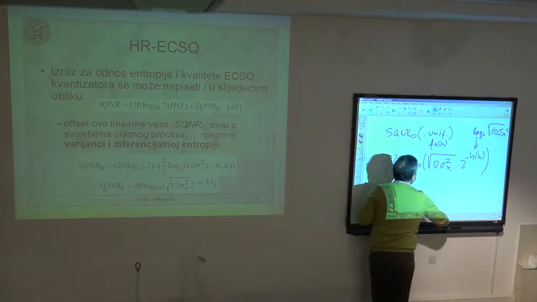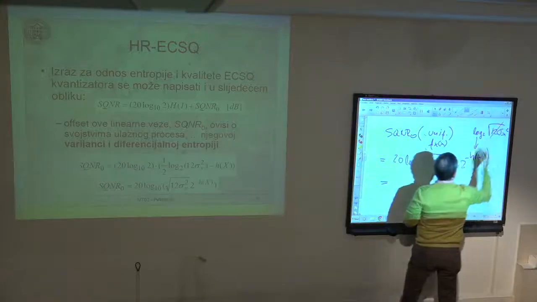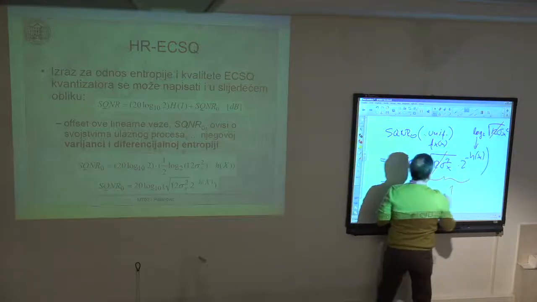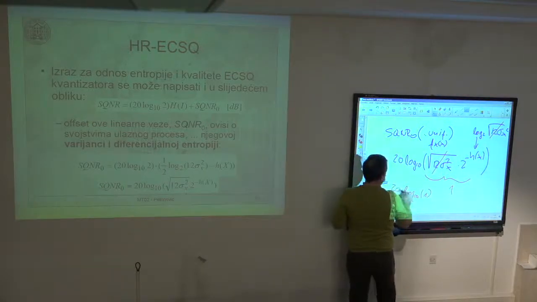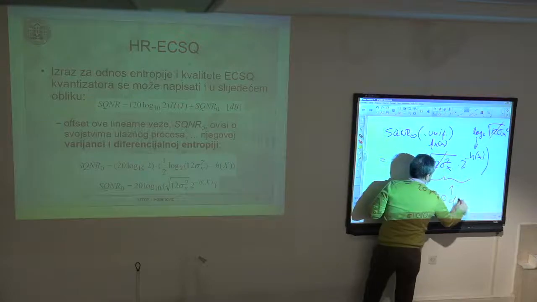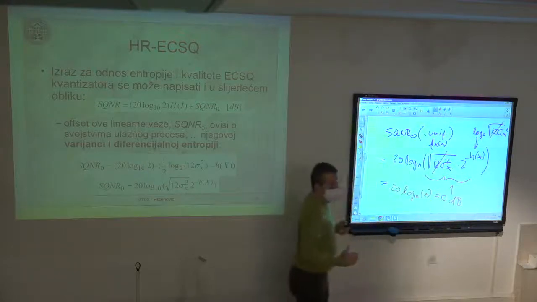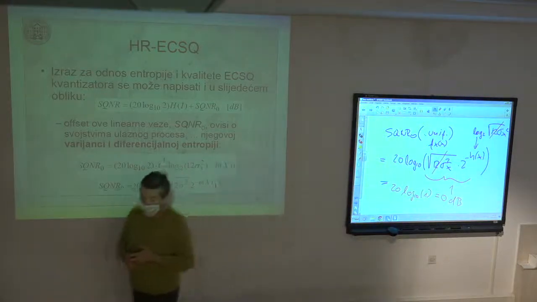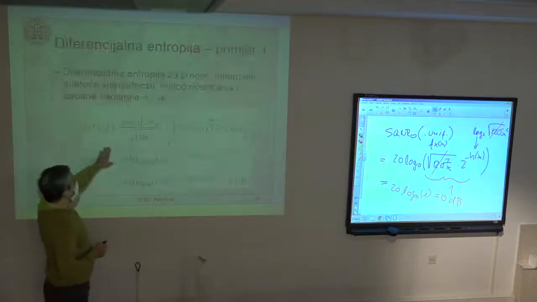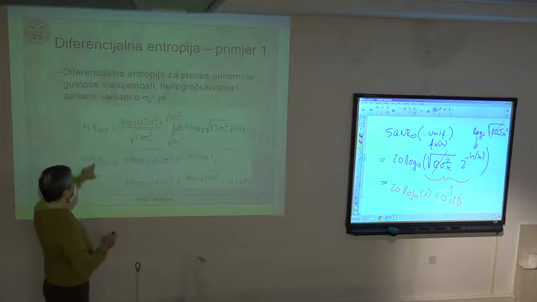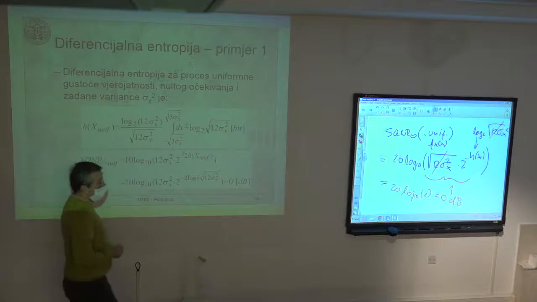So I get the value of 1, and the logarithm base 10 of 1 is 0. So the offset of the rate distortion curve for the uniform distribution of the process is 0 dB.